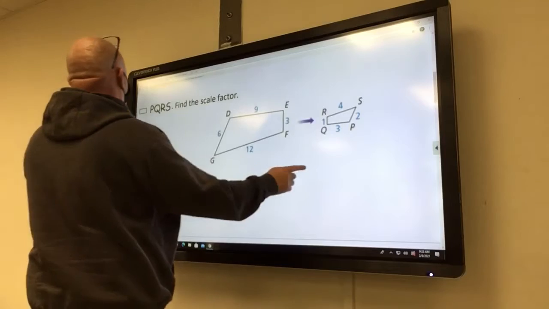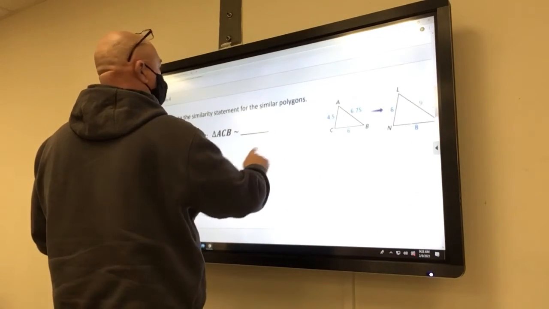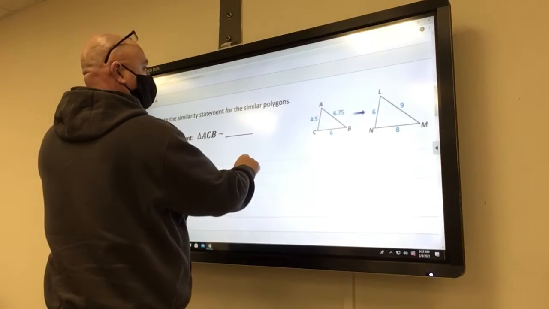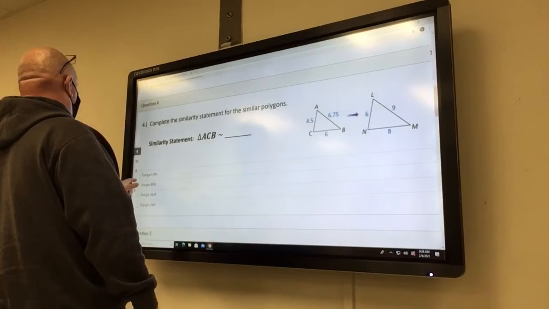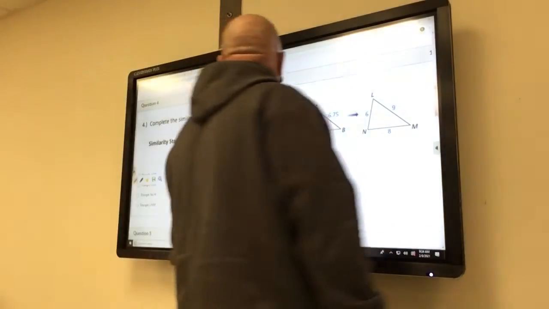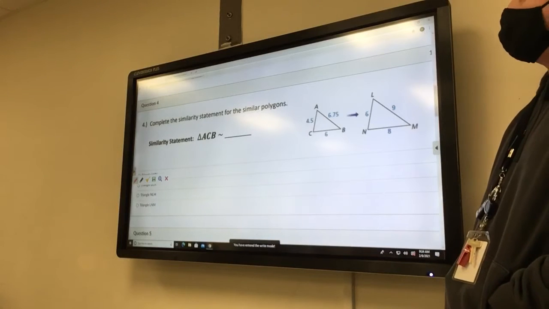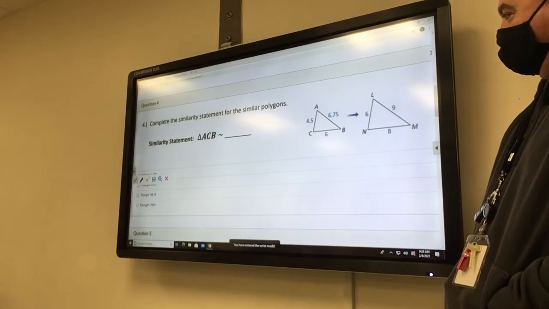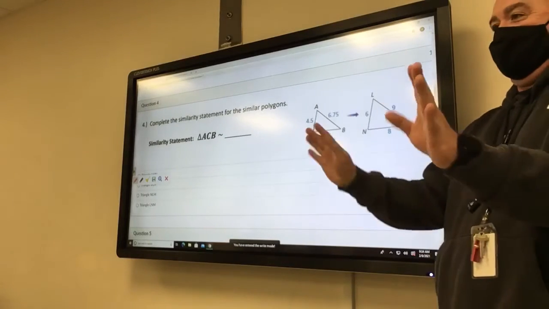All right, moving right along. Complete the similarity statement for the similar polygons. We know they're similar, so we don't have to do any math here.